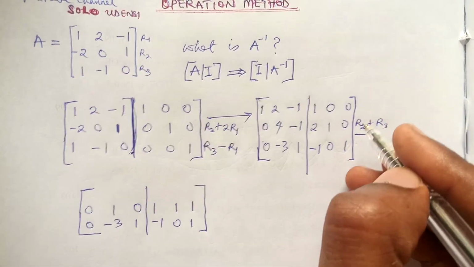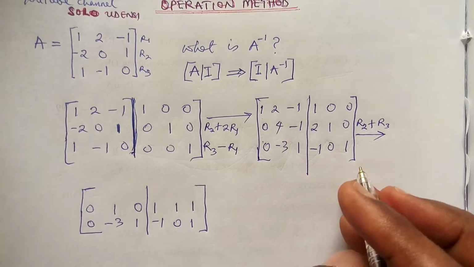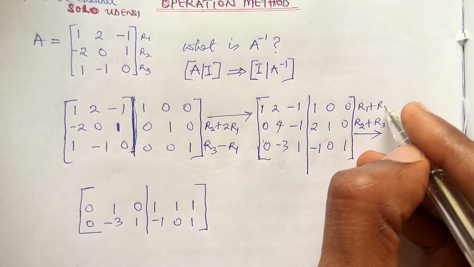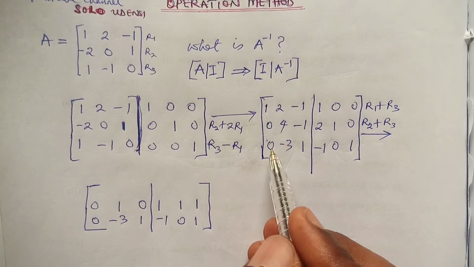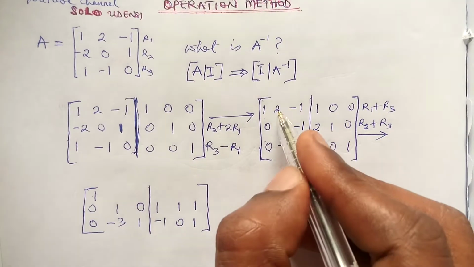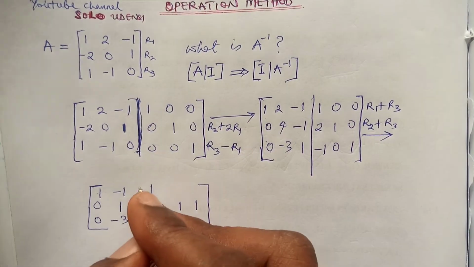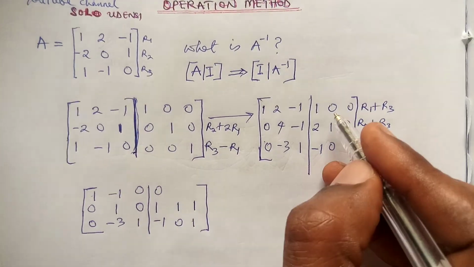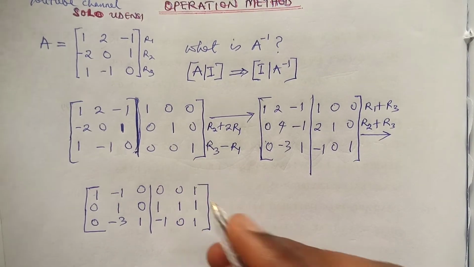Also, since row 3 is constant, we can do row 1 plus row 3 to eliminate some things. Row 1 plus row 3 gives us 1, minus 1, 0, 0, 0, 1.